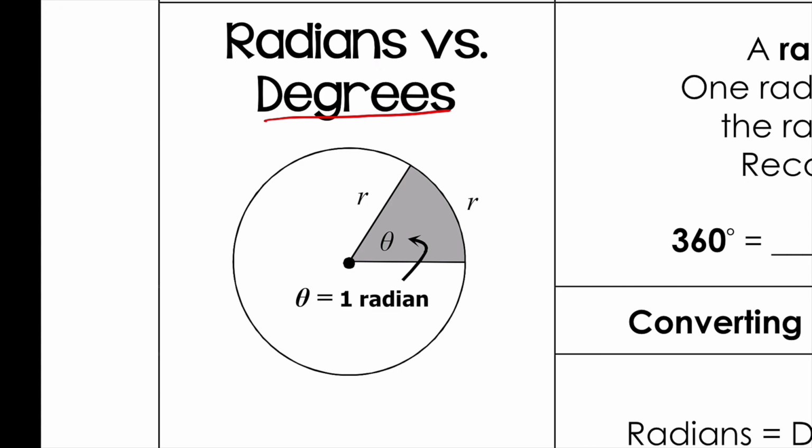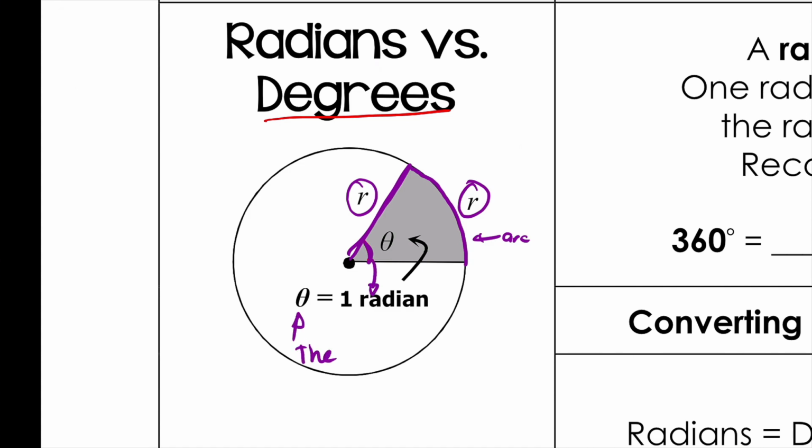A radian is an angle formed when the radius and the length of the arc that it creates are the same. So when this is length r, and this arc is length r, when they're the same, that means it's 1 radian. And this little symbol right here, that's theta.